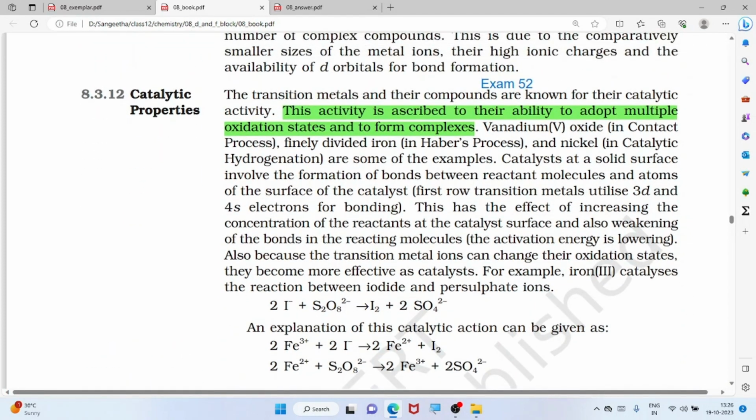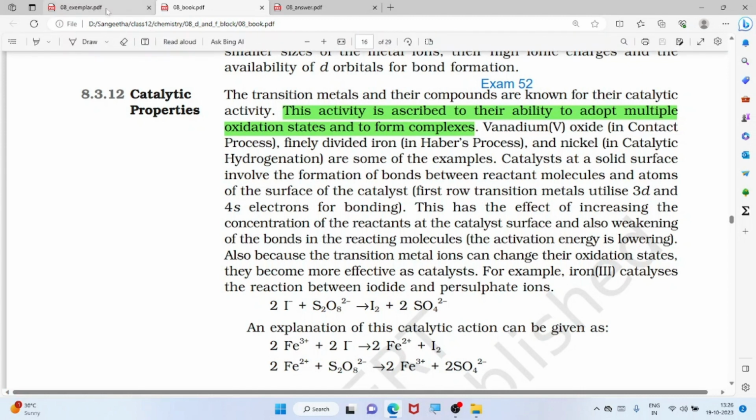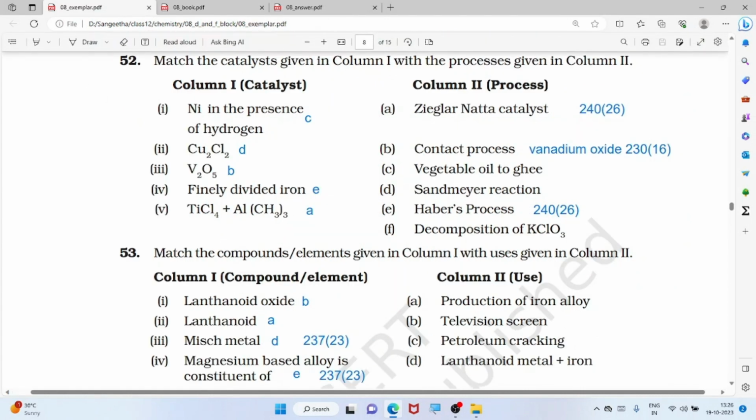Okay, this is the contact process. Contact process. So you can go through it.